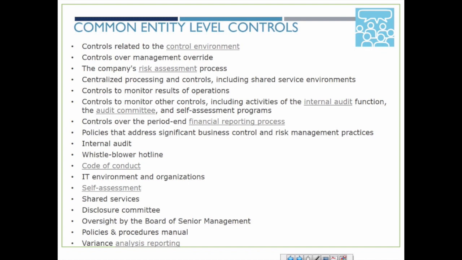If there are no controls over management override, and management has the ability to override the controls in place, say controls set up to establish segregation of duties, then that renders the control environment in that area ineffective. So that would be an example of a direct entity level control that directly impacts the risk of material misstatement. Other things would be centralized processing and controls, including in a shared services center.